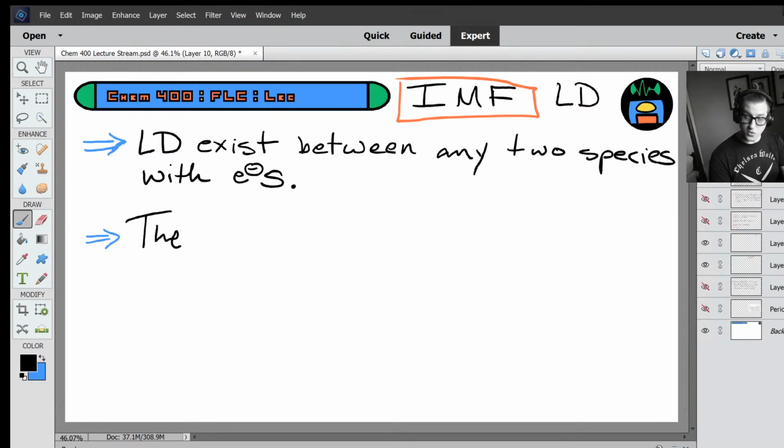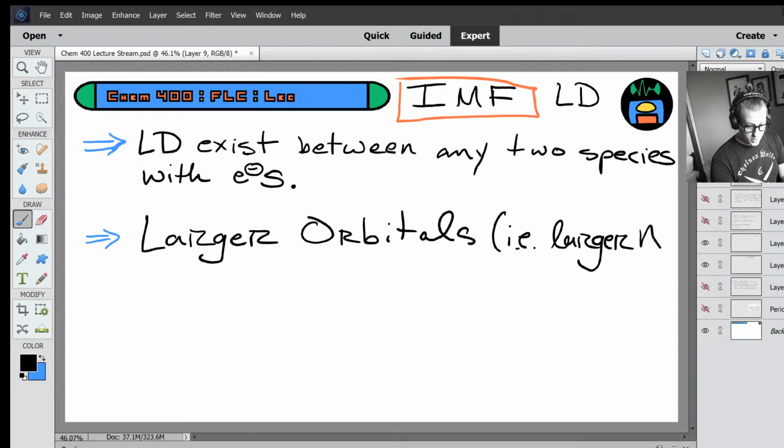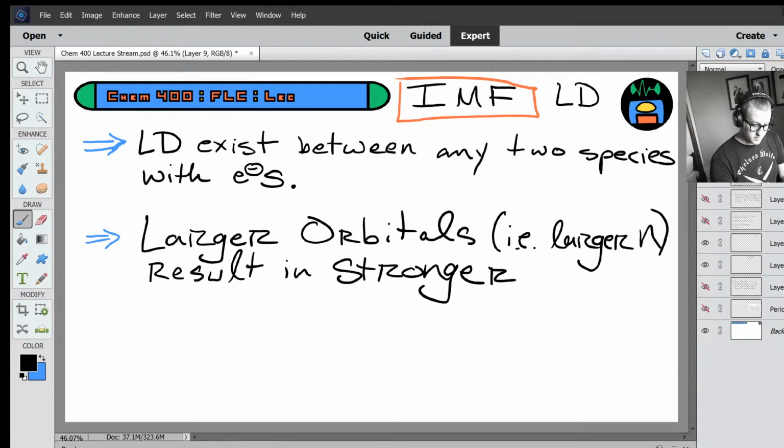London dispersion forces exist between any two species with electrons, and larger orbitals, in other words, larger values of the principal quantum number, result in stronger London dispersion forces.